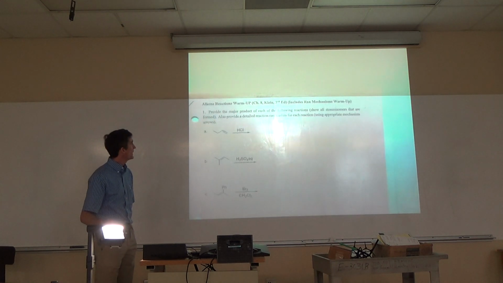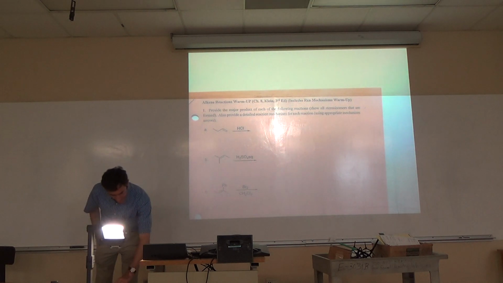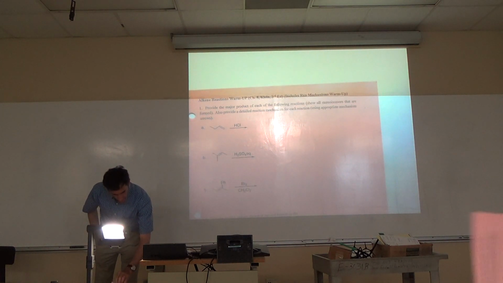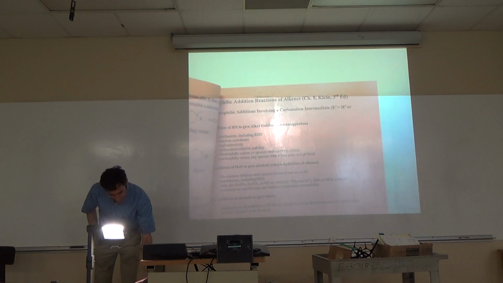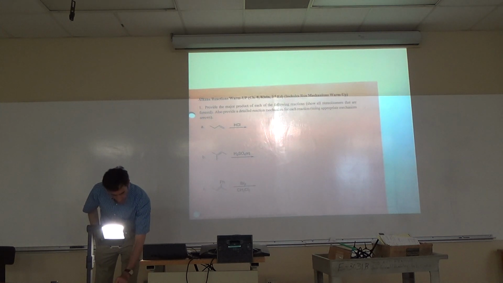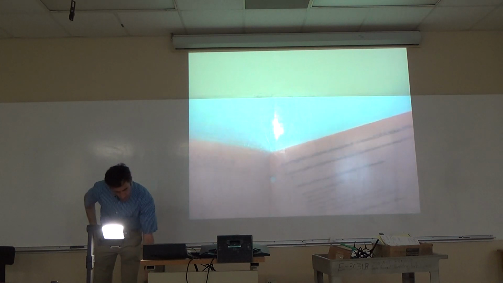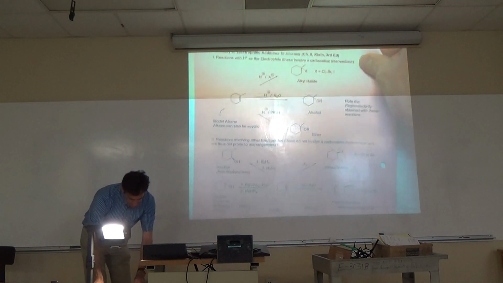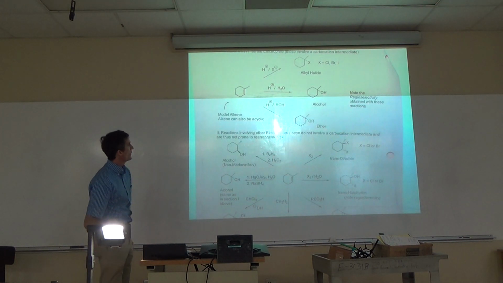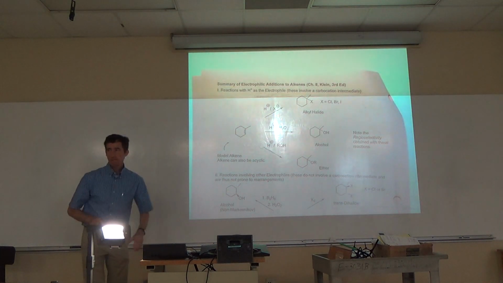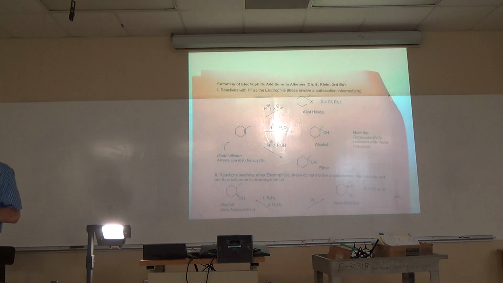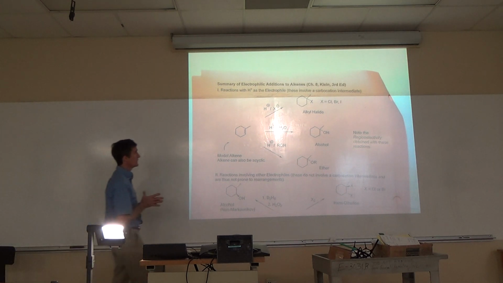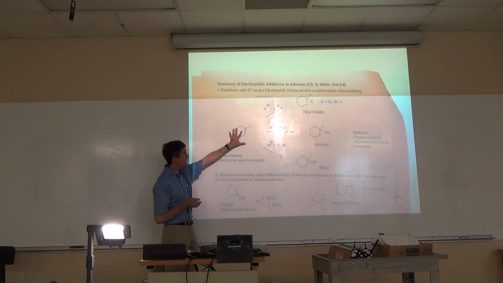Okay, guys. The pink handout is some warm-up questions. On the flip side, we have a schematic summarizing our alkene reactions. With this being that our alkene, it is a ring.